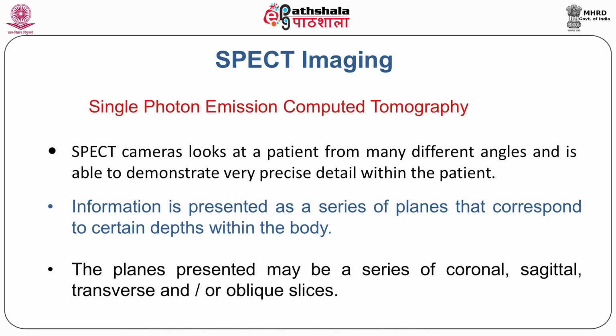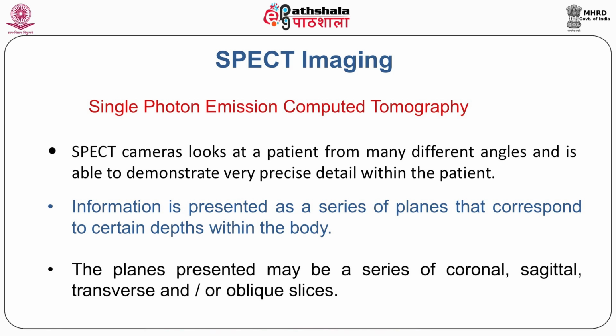As the term itself defines, single photon emission computed tomography. What do we mean by single photon? The technetium-99m which is being used emits only one type of photon, monoenergetic photons of 140 keV. So it is called single photon because 99.9% of the emission is 140 keV.